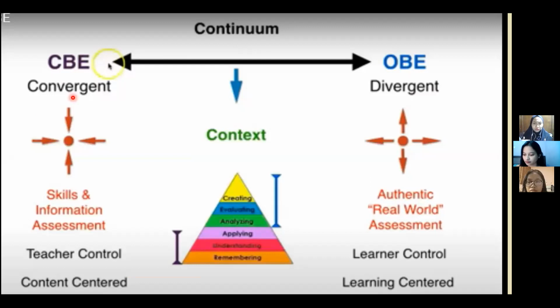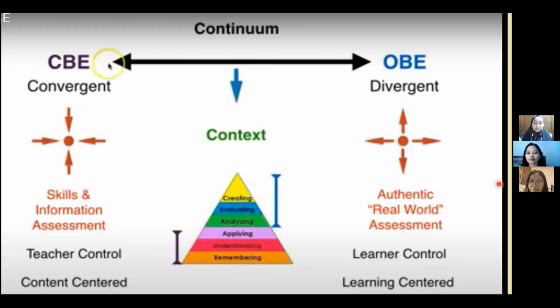You can see from the picture, the arrows are coming together to the center or a specific goal. Then OBE is more divergent. In simple words, it is developing or moving in different directions. As you can see, the arrows are directing to different directions, or the goal is not very specific.